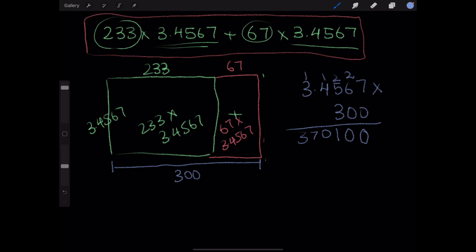And 3 times 3 is 9 plus 1 is 10. I didn't line that up correctly. That's okay. So now what do we do?